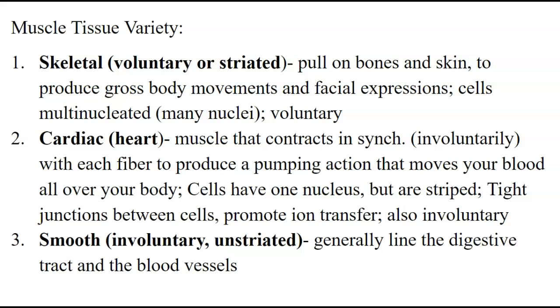So here's a summary of skeletal, cardiac, and smooth. Cardiac also is involuntary. We don't have to think about our heart doing its job. It does it all on its own with the help of the brain.